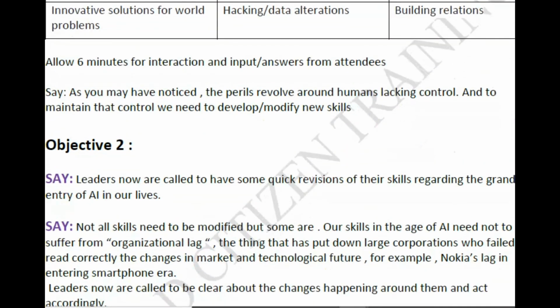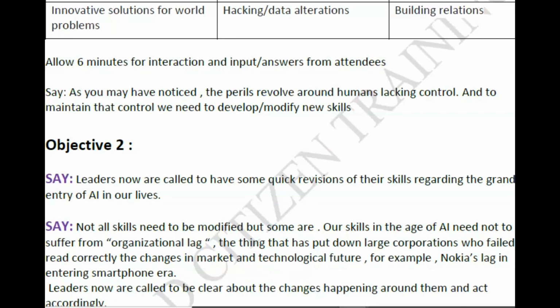So, to close off that activity, we want to make sure that people know that the perils really revolve around humans lacking control. And so we need new skills such that we can control the technology. So not all skills need to be modified, but organizational lag is something that a lot of us suffer from.